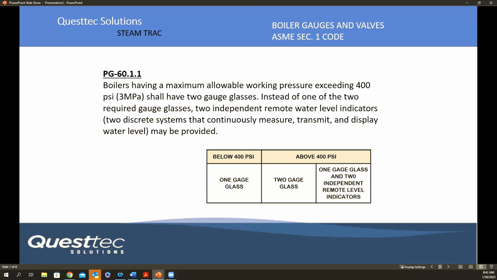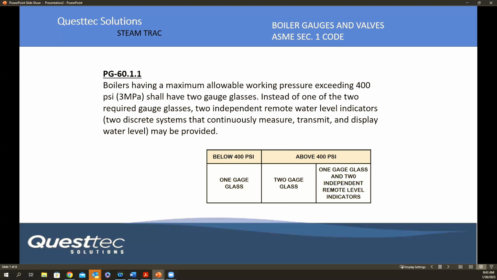But per all the requirements of code, if they want to get away from having those 2 sight glasses that are constantly valved in operation, experiencing that constant corrosion from the condensate flow eroding their mica, they can instead implement either 2 probe columns, probe column and a guided wave radar, or even a DP transmitter if they're using some style of independent remote level indicator.